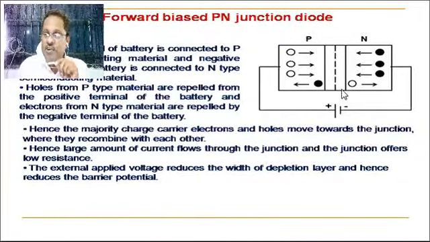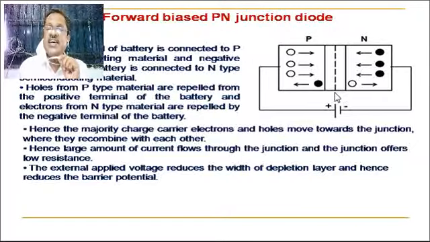As the width of the depletion layer decreases, the value of the barrier potential is also decreased. So during the forward bias condition the depletion layer width is reduced and the barrier potential value is also reduced.